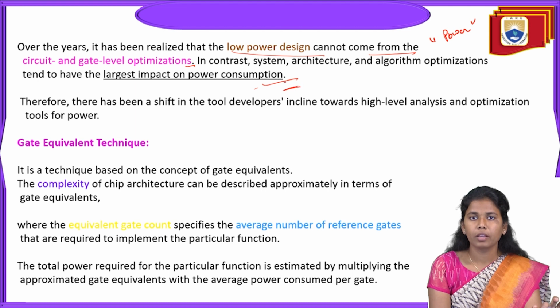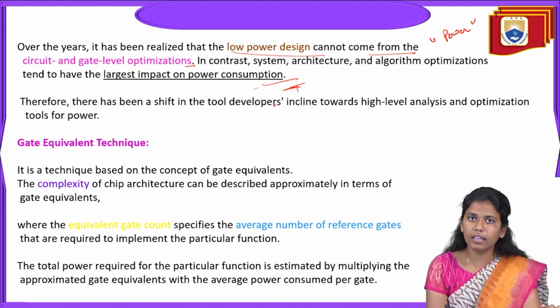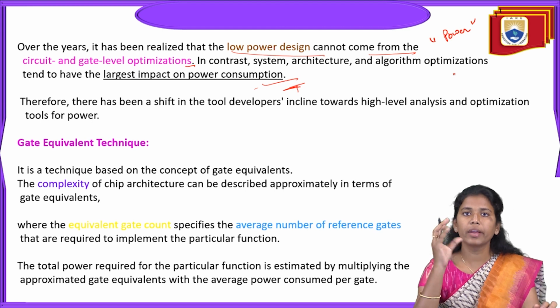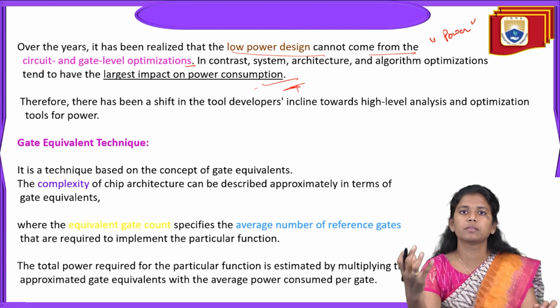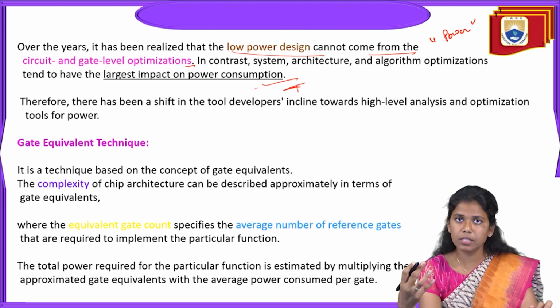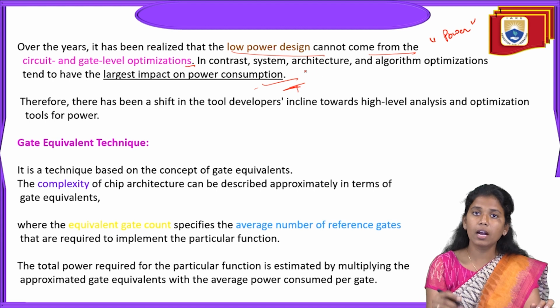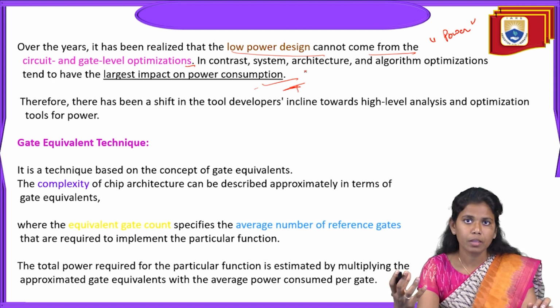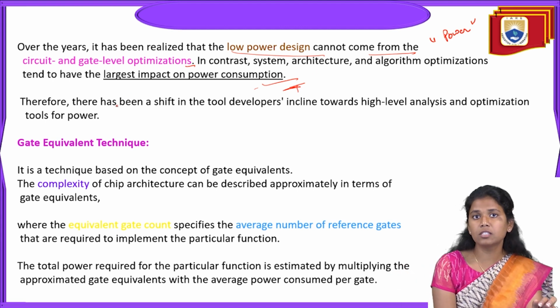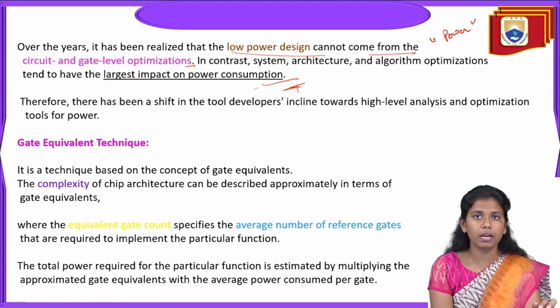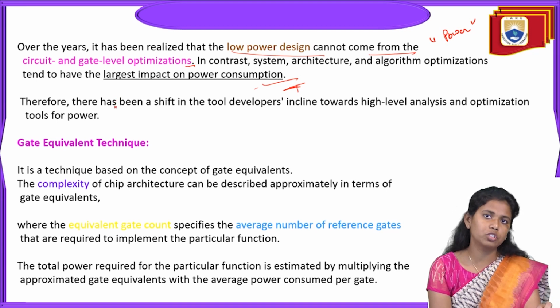This sentence is very true, because in order to create some structure, sometimes we have to take some algorithms. So algorithmic optimizations, and also the architecture of that particular design, have the largest impact on power consumption, which is true.